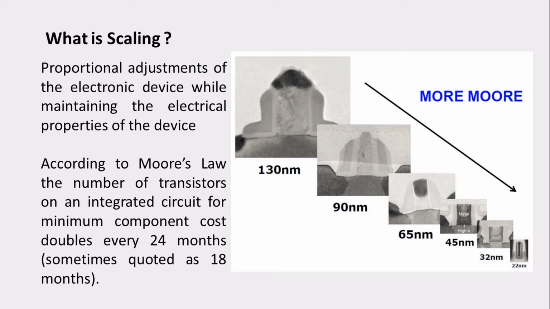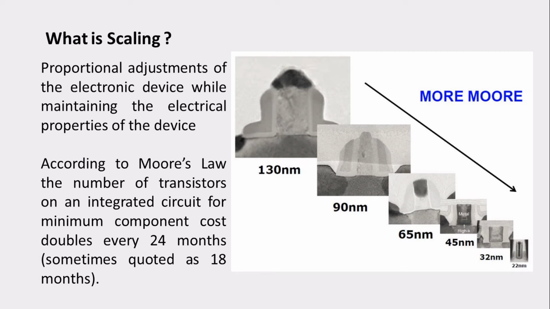That means the number of transistors in the chip has to become twice the number of transistors earlier. In other words, the size of the chip has to be reduced by half.